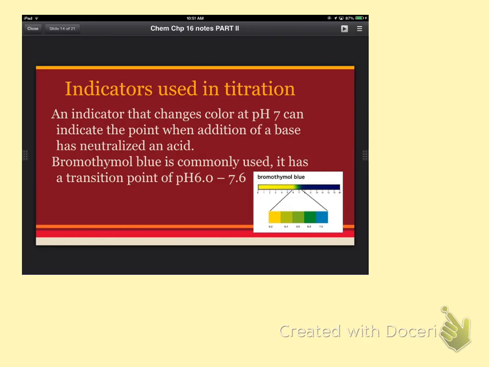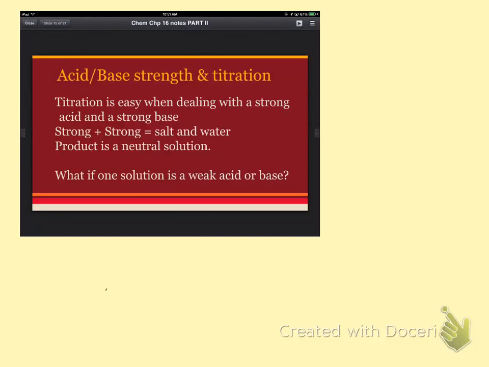It's how you figure out the pH or the concentration of a solution that you don't have another way to figure out. So you can figure out the concentration of an unknown acid or base solution this way. Okay, so if we are talking about hydrochloric acid and we're talking about sodium hydroxide, they're both strong substances, right?